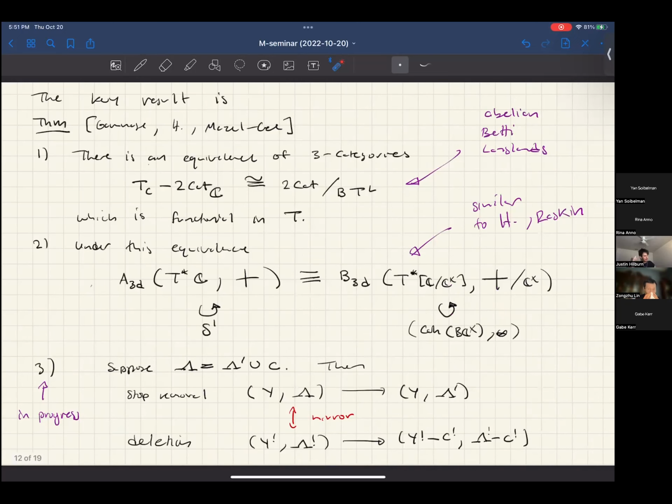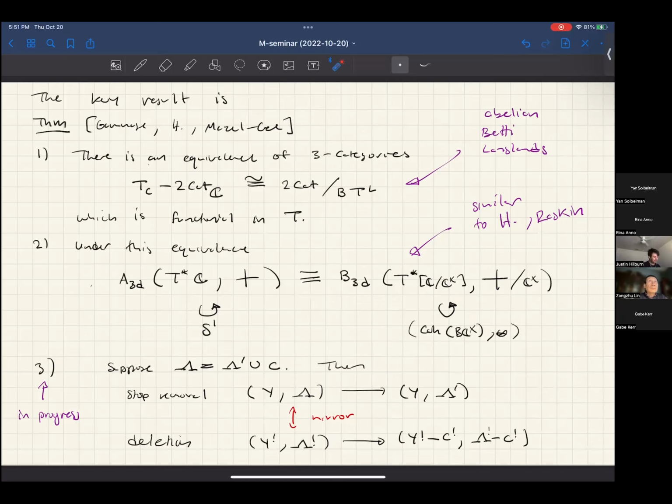Whew, okay. So now the key result out of all of this, the thing that makes everything go, is a theorem of myself, Ben Gammage, and Aaron Mazel-Gee. The first thing is going to be completely out of the blue.